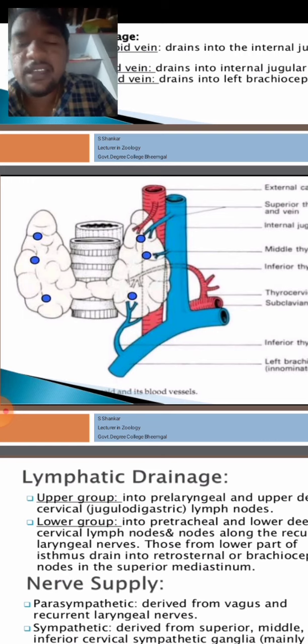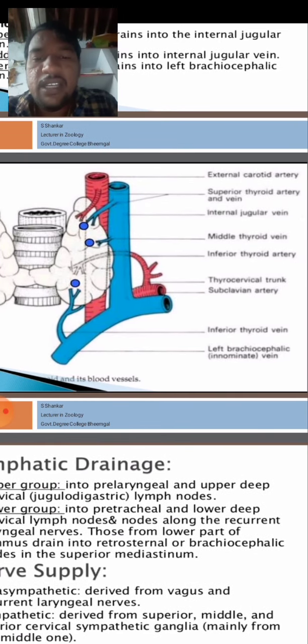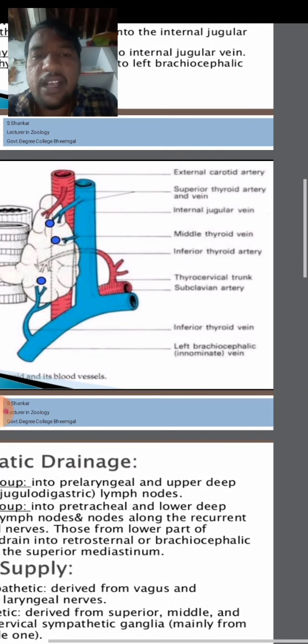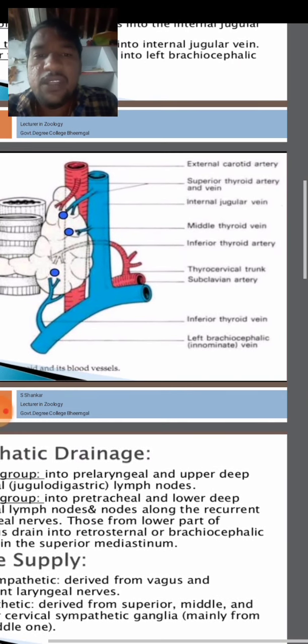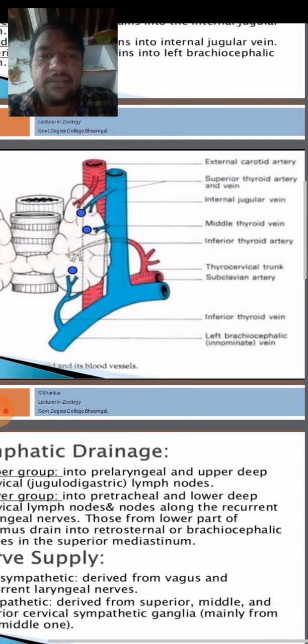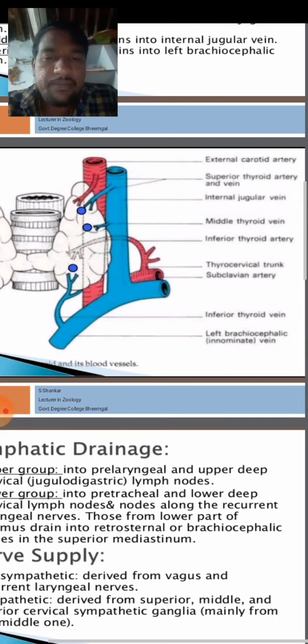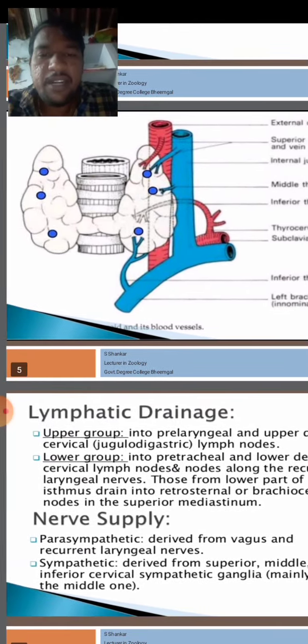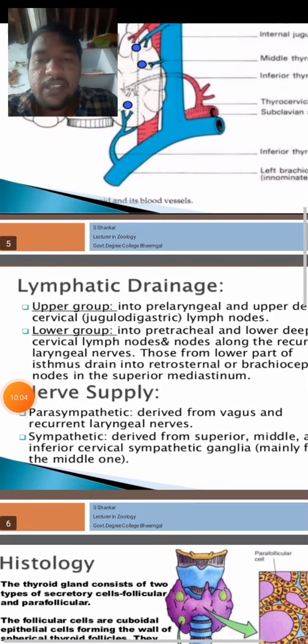The two lobes are attached to the isthmus. Blood vessels: external carotid artery, superior thyroid artery and vein, internal jugular vein, middle thyroid vein, inferior thyroid artery and thyrocervical trunk, subclavian artery, inferior thyroid vein, and left brachiocephalic vein.